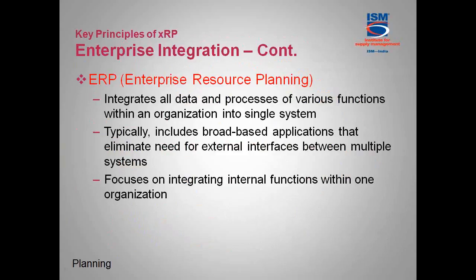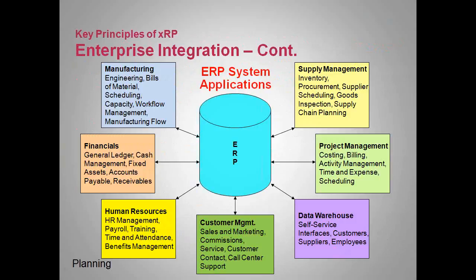When you see an ERP system, it contains various functions equivalent to various departments. For example, the manufacturing process, where we talk about engineering, bill of materials, scheduling of the orders, the capacity of each and every work center, workflow management, and the manufacturing flow. It also covers the supply management system, where we talk about inventory, procurement, supply scheduling, goods inspection, and budget planning.